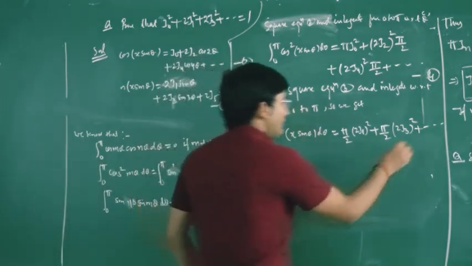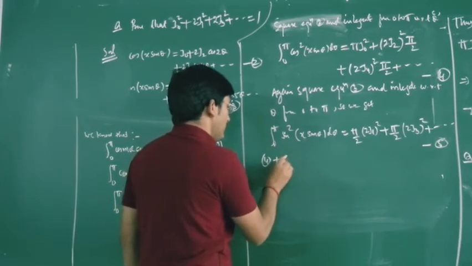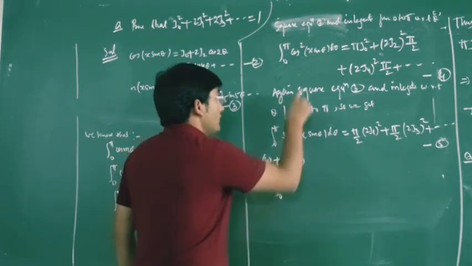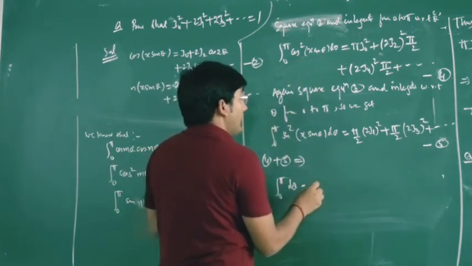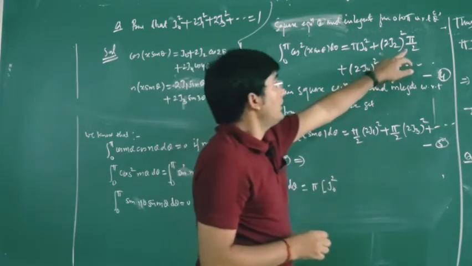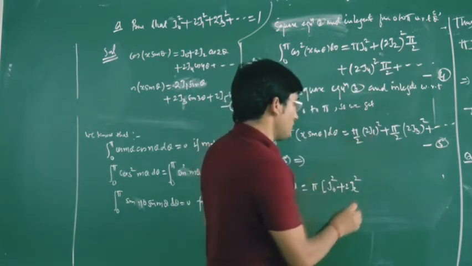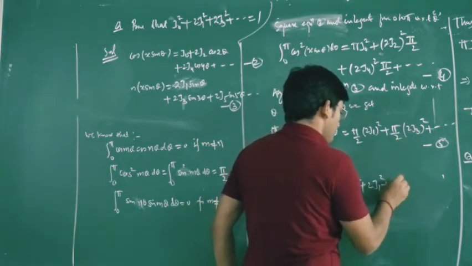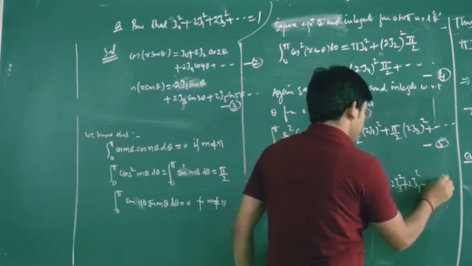So let us add equation number 4 and 5. Now in the left hand side we will have the integral from 0 to pi of cos square plus sin square, which is 1, so we have integral d theta. And in the right hand side, if you take pi common, then we will have j naught square, plus 2 times j2 square, 2 times j1 square, 2 times j3 square, 2 times j4 square, and so on.